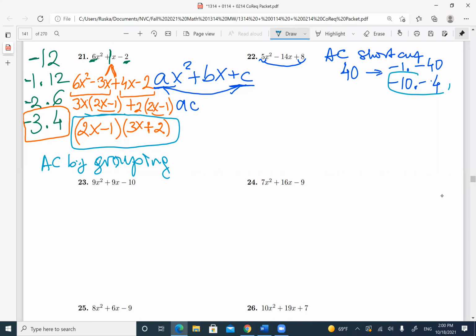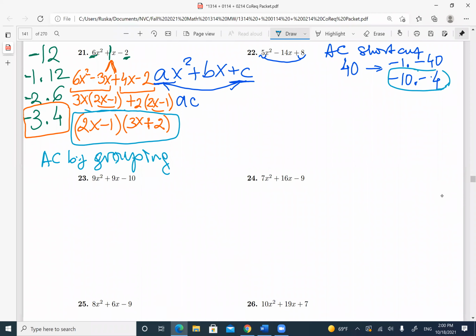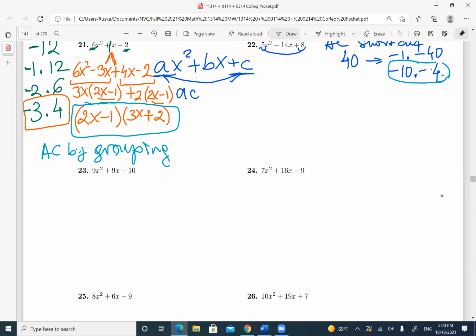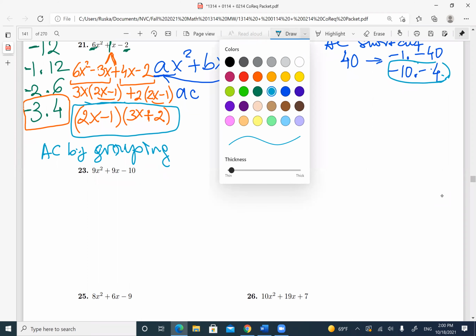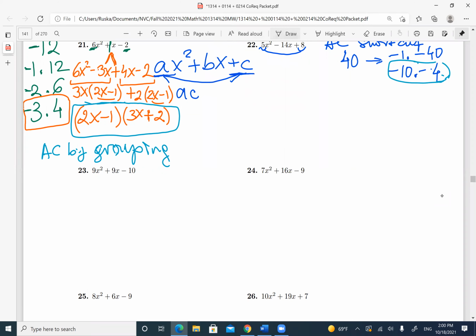So these are my magic numbers, but technically, if you don't see those, you have to go through all the factors, and all the factors are 1 times 40, 2 times 20, both of those negative, right? What else? 4 times 10, 5 times 8.